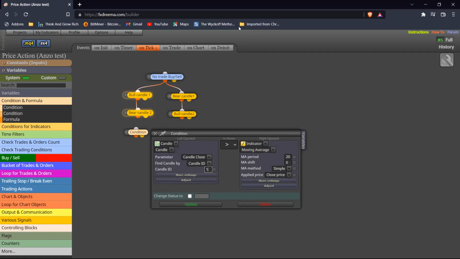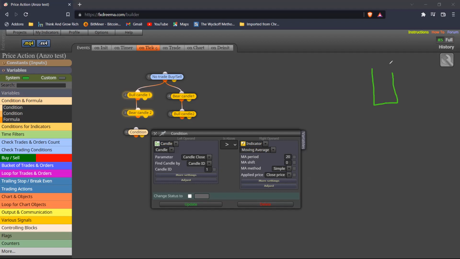Now let's go back and draw again for a bullish engulfing. Candle 1 is this one, this is the opening price, if this is a bullish candle, and this is the close price, right? Let me draw this one properly. For a bullish engulfing, the close price of candle 1 has to be greater than the opening price for candle 2.